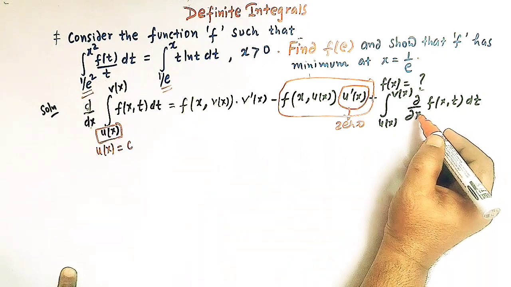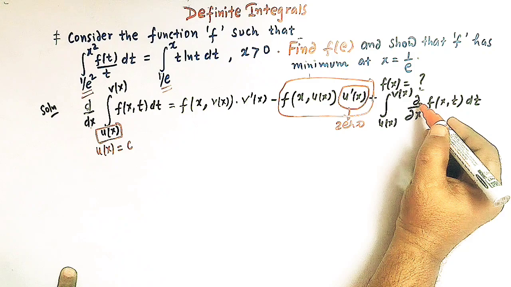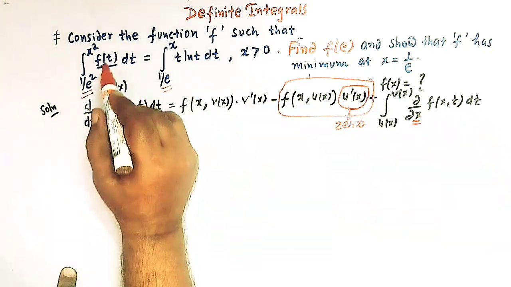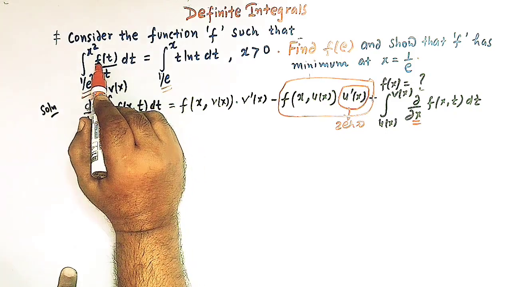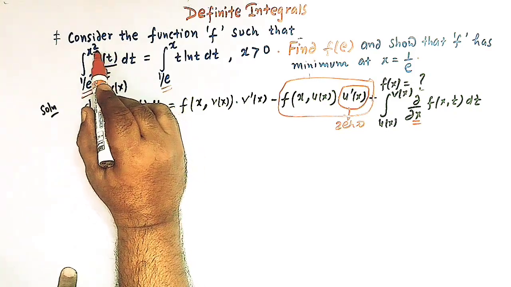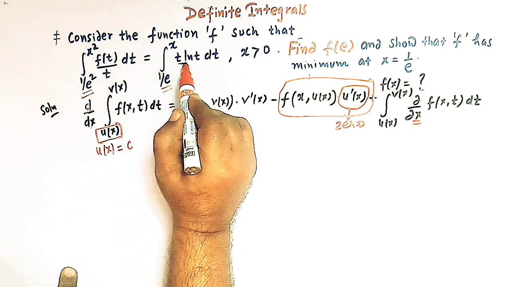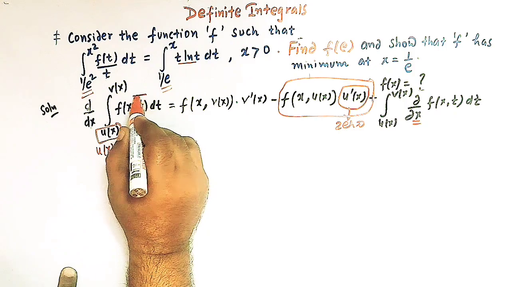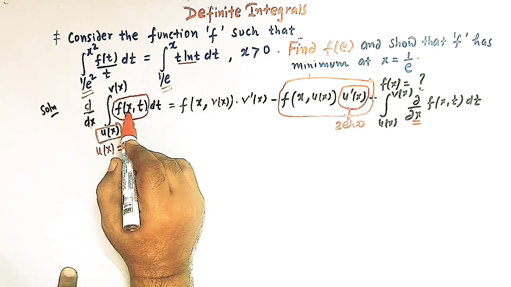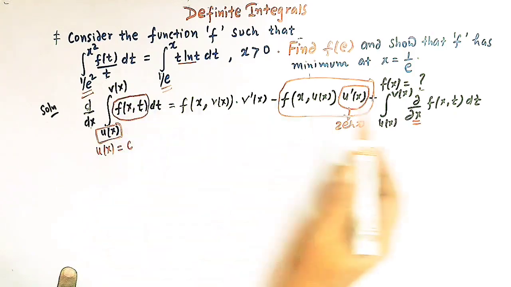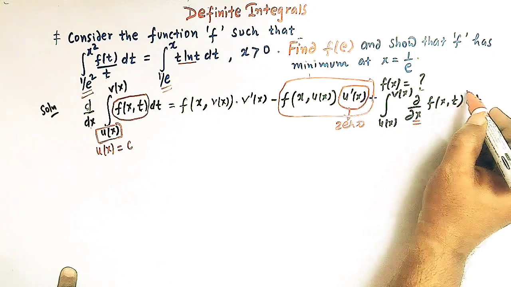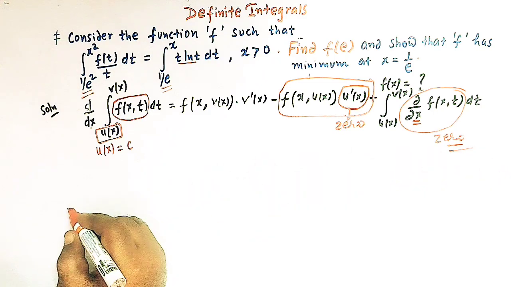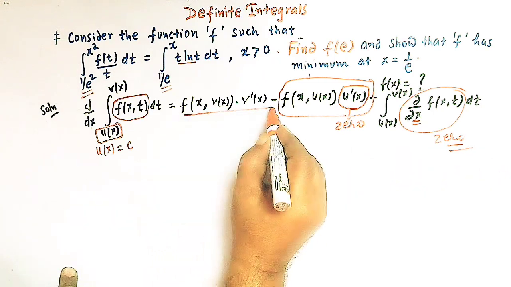And moreover here we have the partial derivative of f of x comma t with respect to x, and here we can see that we have f of t over t, which is a function of t only, and here also we have a function of t only, right? So whenever this function is a function of t only, then the partial derivative must be equal to 0. So in that case, this term is also going to be 0, right? So we are left with only this term, right?